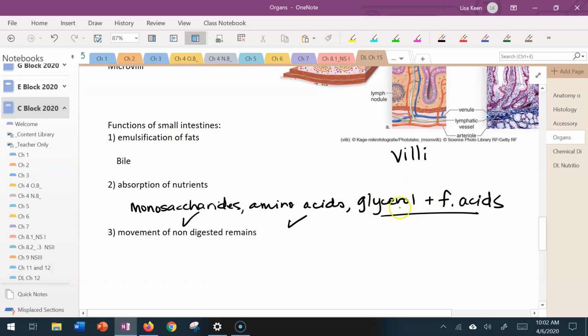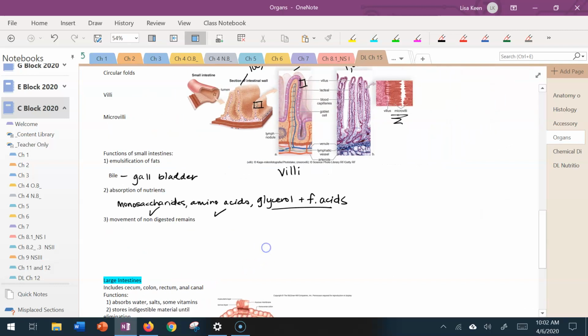They do not want to mix with water, but bile, which is released from the gallbladder, which was made from your liver, helps to emulsify fats and to allow them to be changed and brought into solution. So once they're brought into solution, they're easily absorbed in the villi. And so those are two important functions of the small intestines. The third is to take anything that is non-digestible and continue its pathway on to the large intestines.